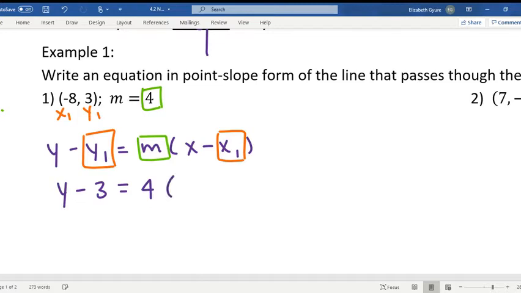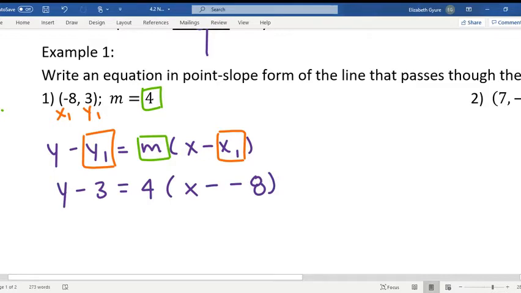And then you're going to put your parenthesis. This regular old x is going to stay a regular old x. You're going to bring down your negative sign or your subtraction. And then what number is x1? -8. So we have y minus 3 equals 4 times x minus the -8.